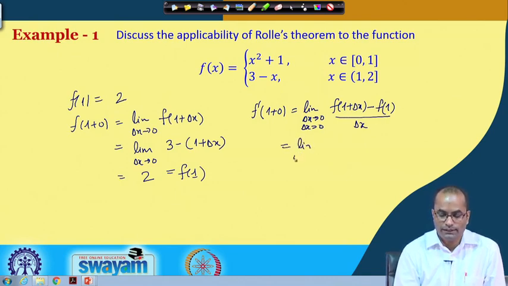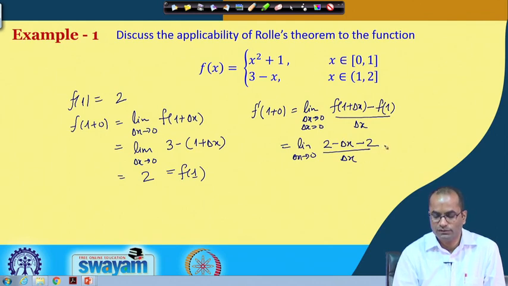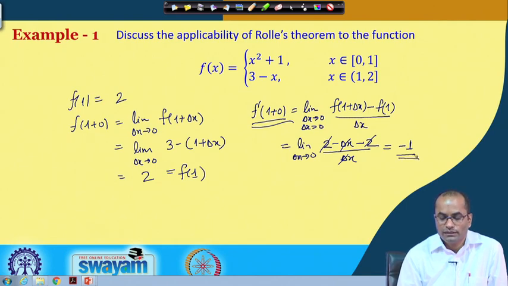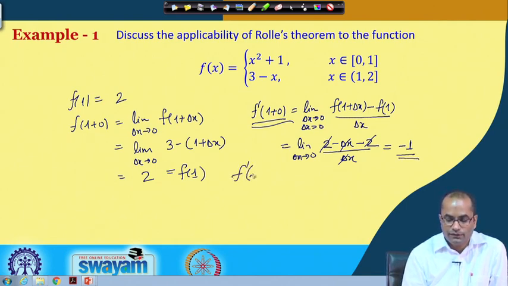So, the limit as delta x goes to 0 of f 1 plus delta x, which we computed as 2 minus delta x, minus f 1, which is 2, divided by delta x. This limit will be minus 1, because the 2 cancels. So, the right derivative is minus 1.